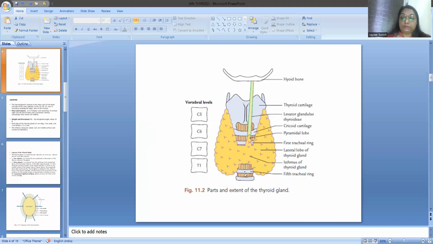So you can see this is the trachea, and the thyroid gland is situated here, clasping this trachea, and the level of the vertebrae is C5, C6, C7, and T1.